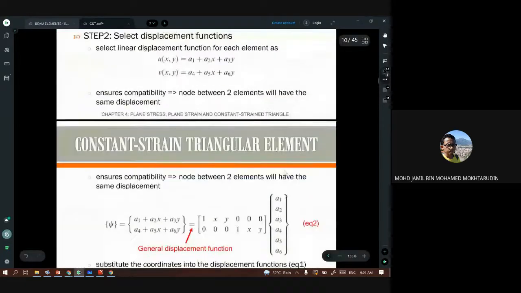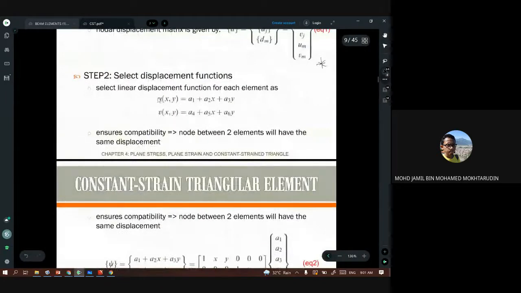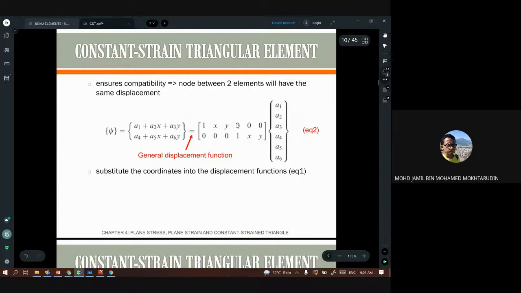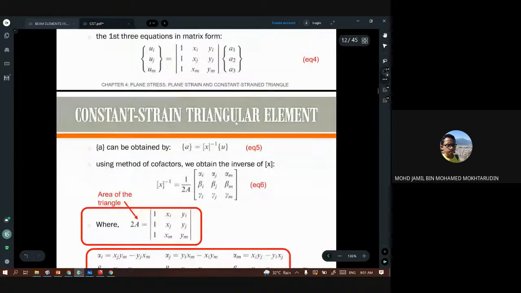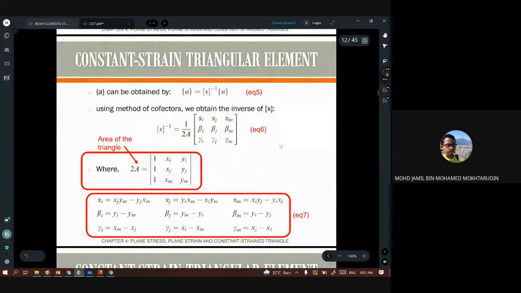So what happened here is that, similar to beam element, we also have a displacement function in constant strain triangle. The displacement function depends on the X and Y coordinates. But in the end, the important formula that you need to remember is this formula, for finding the area of the triangle.